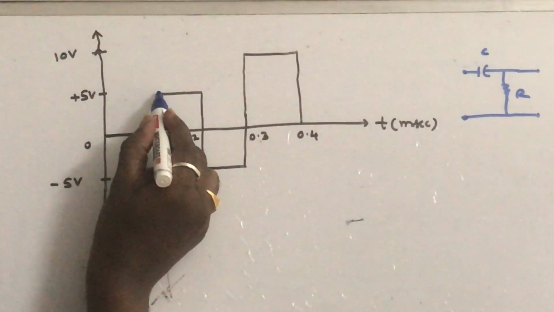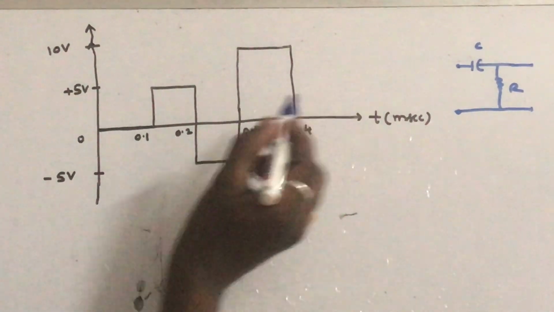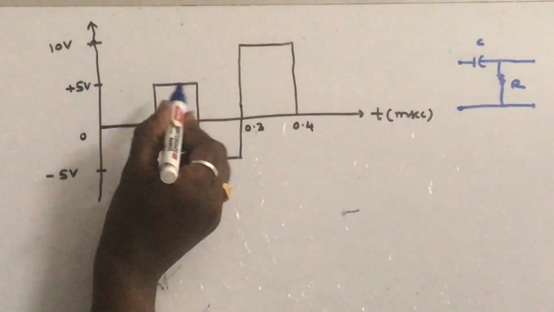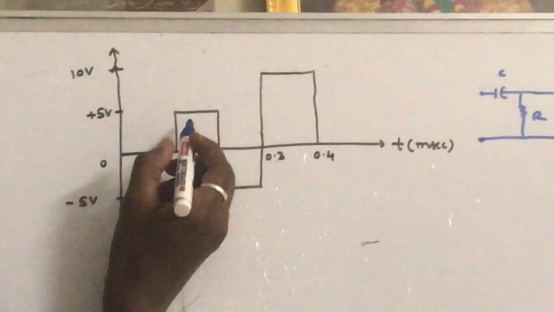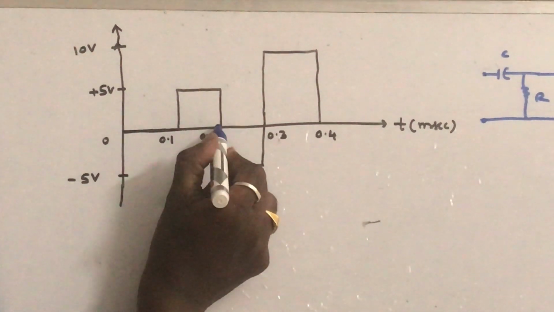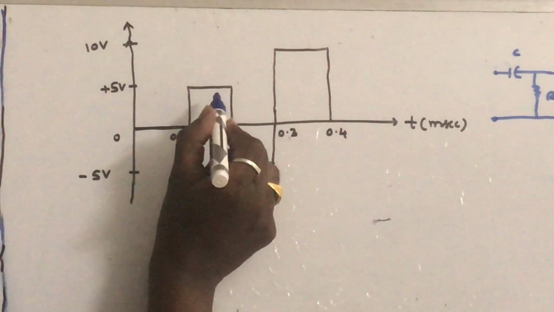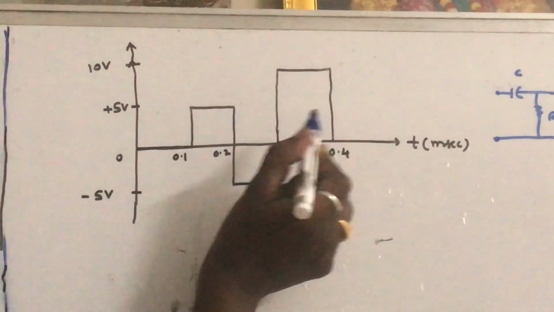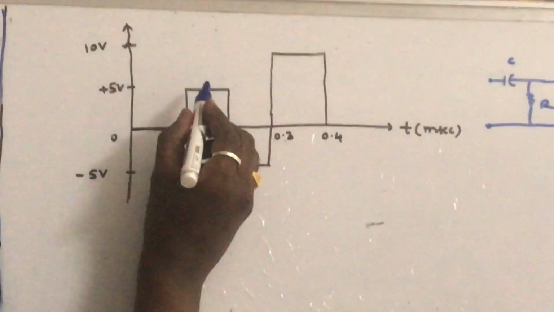Because initially the capacitor voltage is 0, the entire voltage appears across the resistor. During the duration 0.1 to 0.2, the capacitor starts charging exponentially, so the voltage across the resistor starts decreasing exponentially.